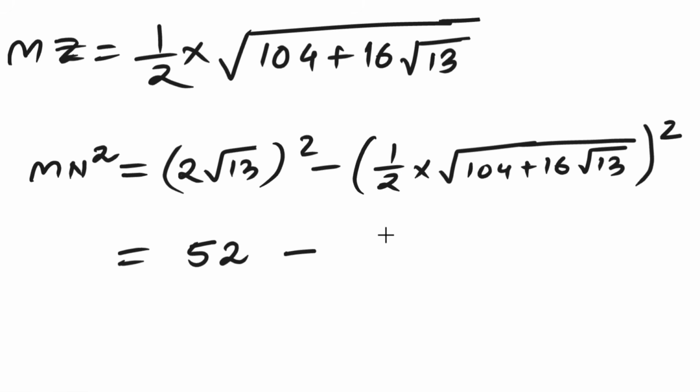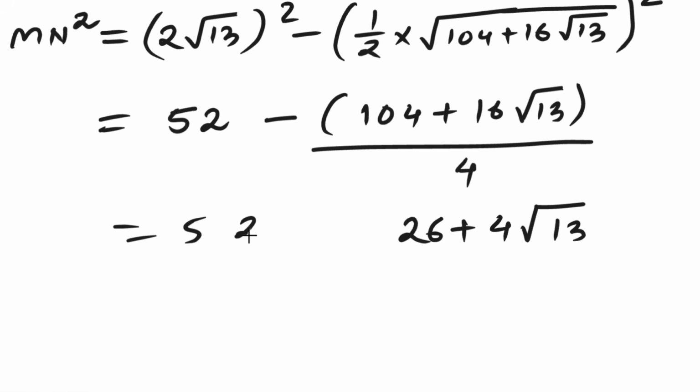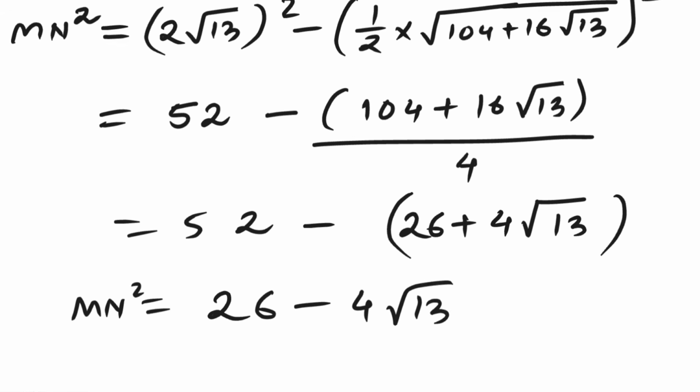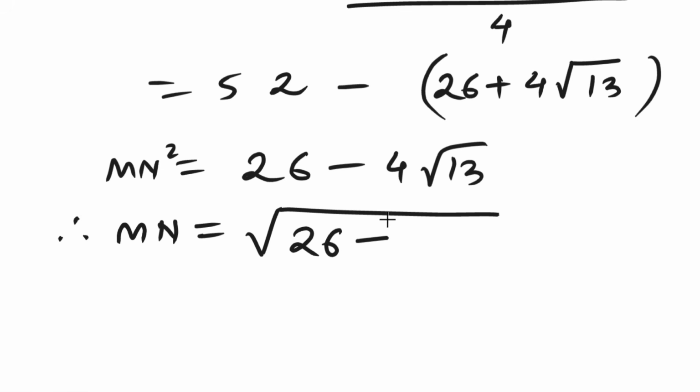The second term becomes the quantity 104 plus 16 times the square root of 13 divided by 4, which simplifies to 26 plus 4 times the square root of 13. Subtracting gives MN squared equals 26 minus 4 times the square root of 13. Taking the square root of both sides, we obtain MN equals the square root of the quantity 26 minus 4 times the square root of 13.